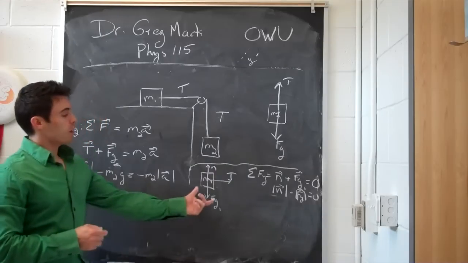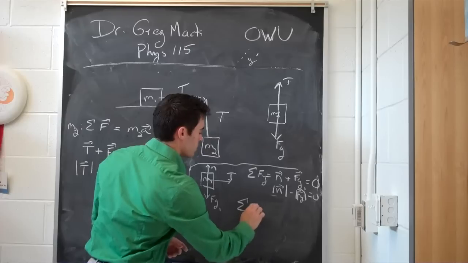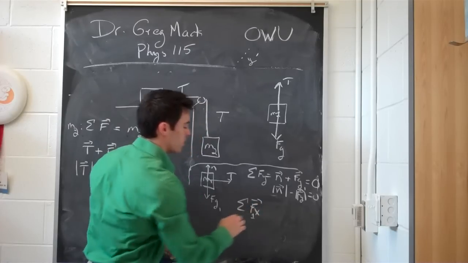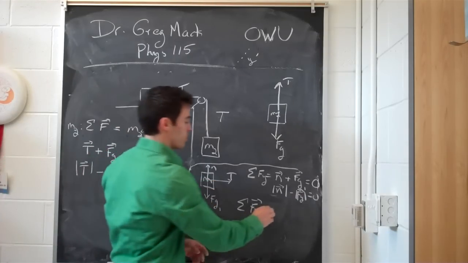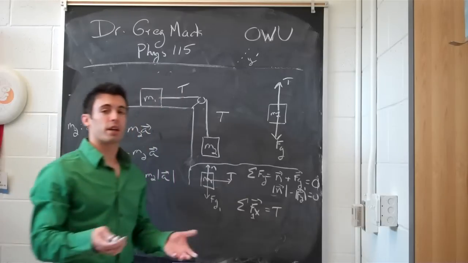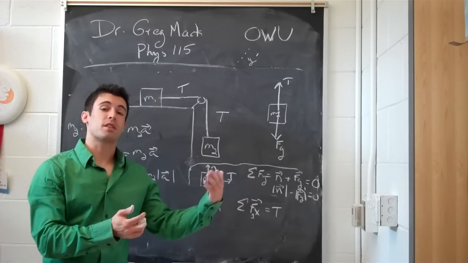But the most important thing is what it tells us for the x direction. For the sum of the forces in the x direction for block 1, the only force there is the tension. And Newton's second law tells us that the sum of those forces equals that block's mass times its acceleration.